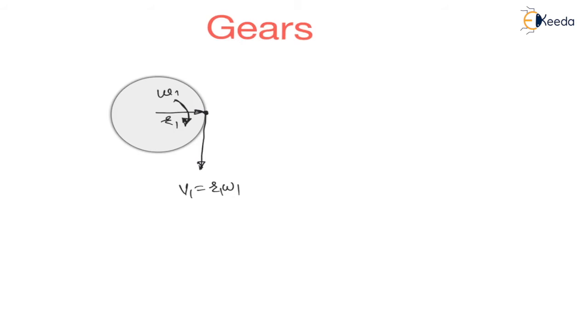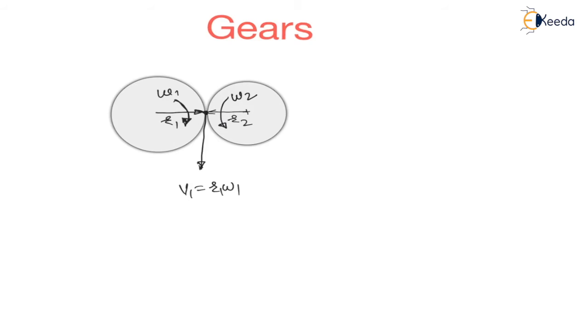Now let us consider we need to transfer this velocity or power to another wheel. Let us consider there is another wheel having radius r2, in contact with wheel 1. As wheel 1 is rotating in clockwise direction, definitely wheel 2 will rotate in anti-clockwise direction with angular velocity, let us say, omega 2.